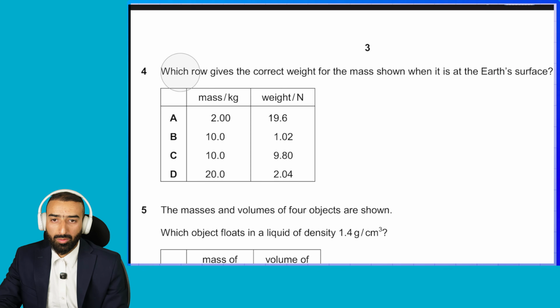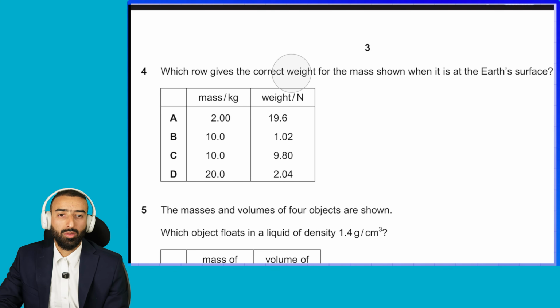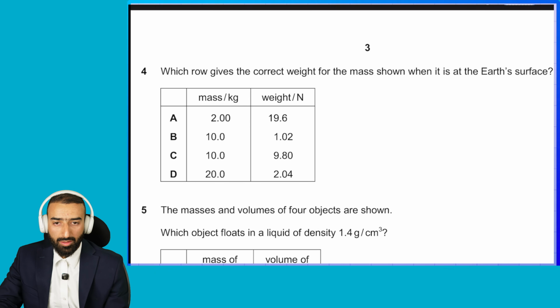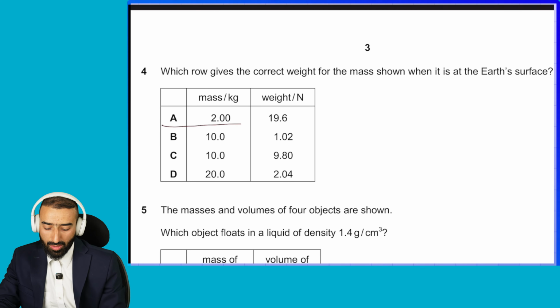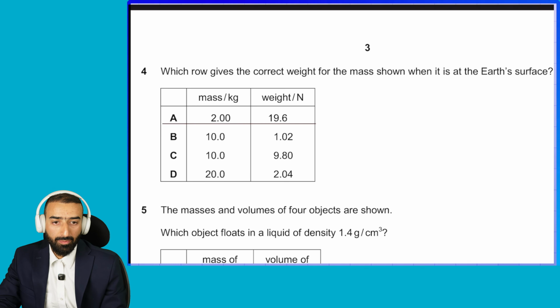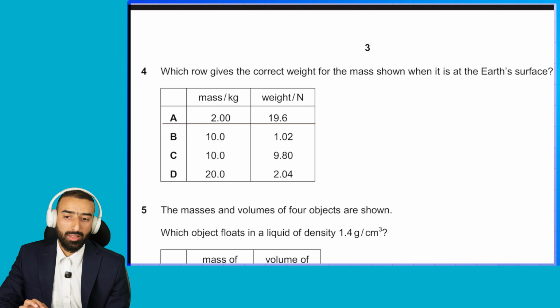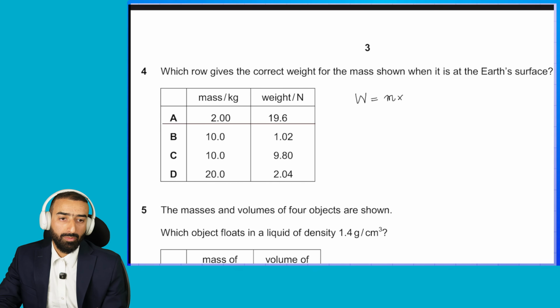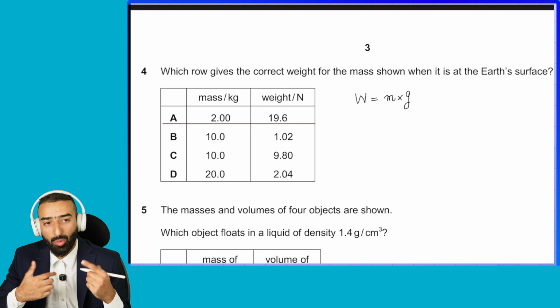The fourth problem says which row gives the correct weight for the mass shown when it is at the Earth's surface. Now the first option is mass of 2 kilograms with a weight of 19.6 newtons. Now you should remember the equation we have is weight of an object equals mass of that object times the acceleration due to gravity, which has a value of 9.8.